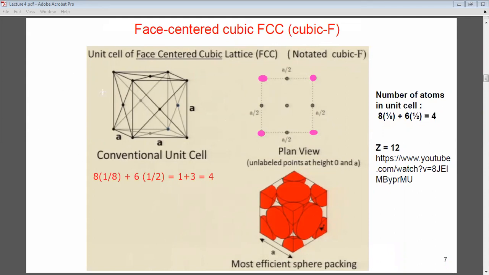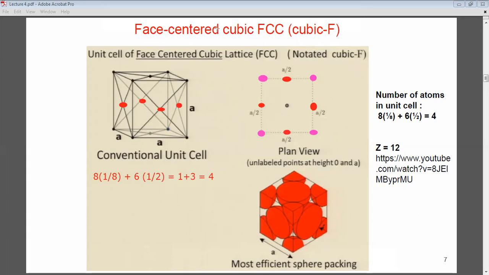Then what do we have? We have these points over here. Let's change the color. We have these points over here. They are at height A over 2, right? So in the middle of each side, I see these points at height A over 2.